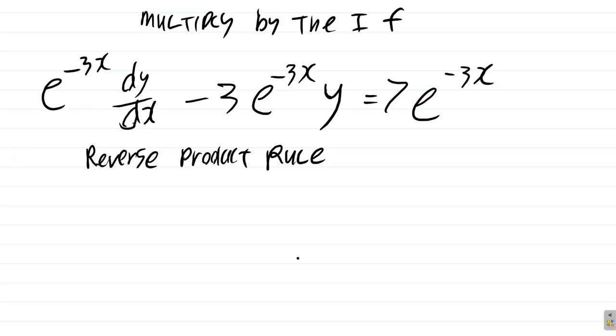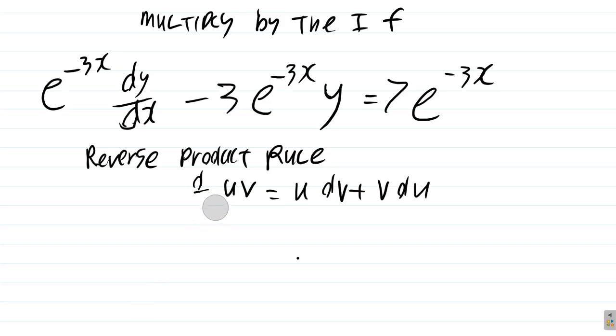Just before we do that, remember what we have is the derivative with respect to x of uv, where u and v are both functions of x. The general form is to say you hold u as it is, differentiate v, plus you hold v as it is, differentiate u.